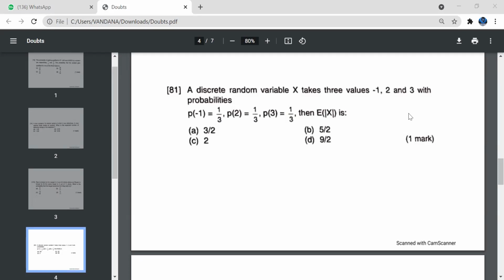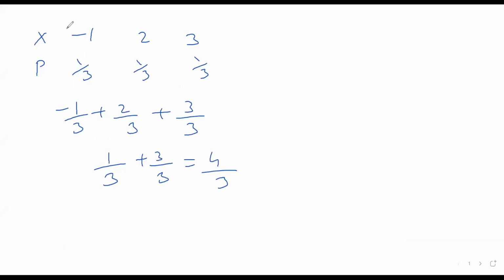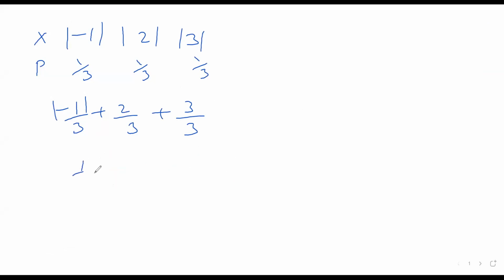They have said expected value of modulus x. If they are saying modulus x, so I'll have to use modulus here, which will ignore the minus sign. So here will be modulus, so this will become 1 by 3. This will be 1 by 3 plus 2 by 3 plus 3 by 3 is 1. This will also become 3 by 3. So 1 plus 1, your answer is 2.